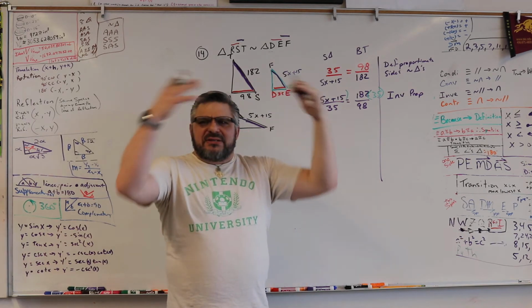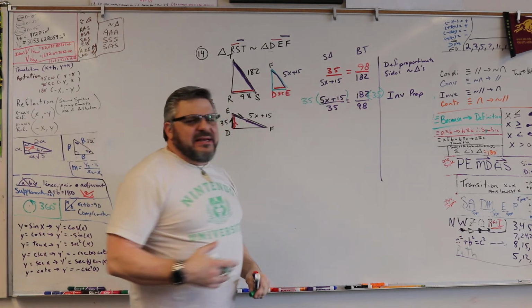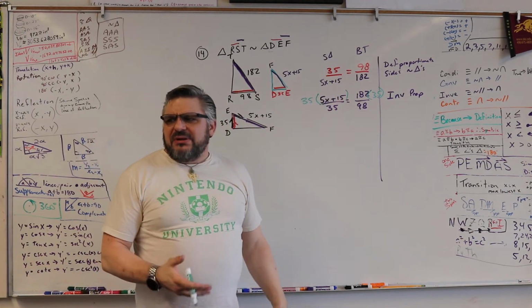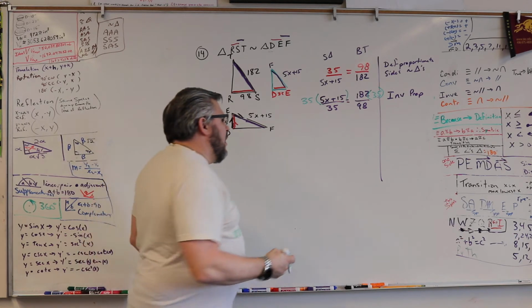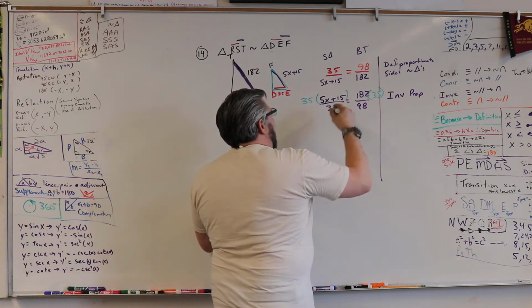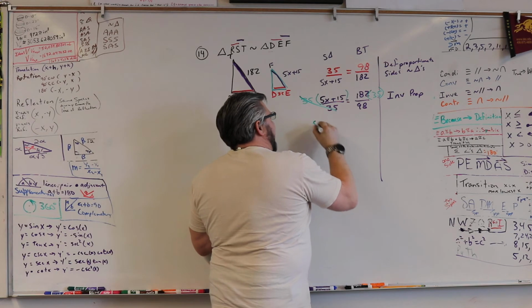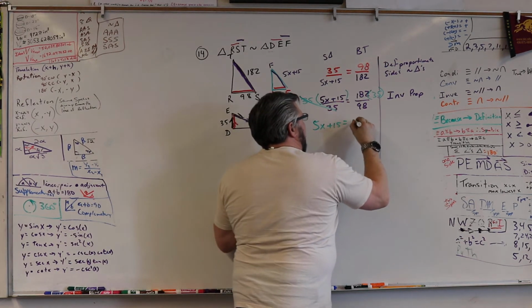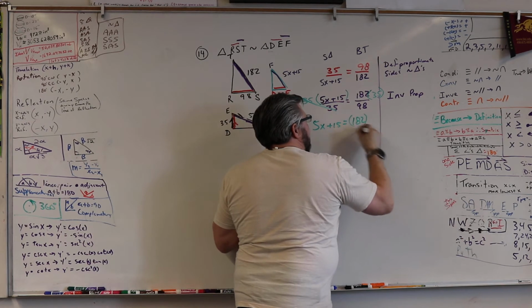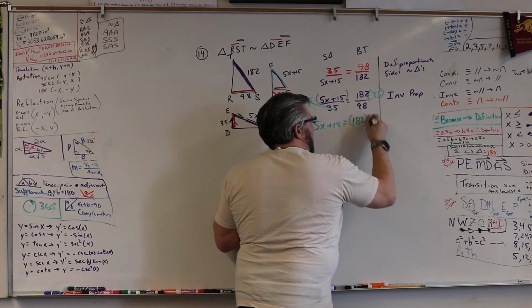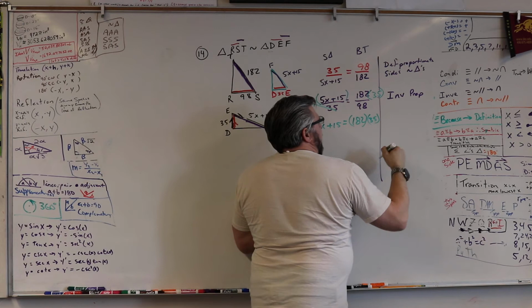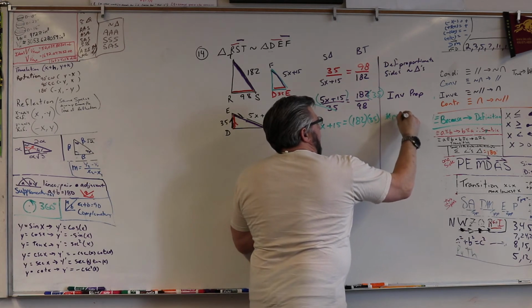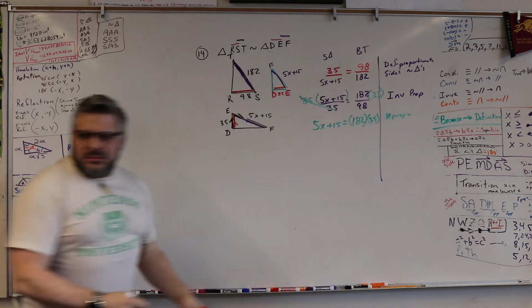And getting a big number, and then trying to divide it by 98, which can be difficult, okay? What I like to do is break down the numbers. So first of all, I have 5x plus 15 is equal to 182 times 35, okay?